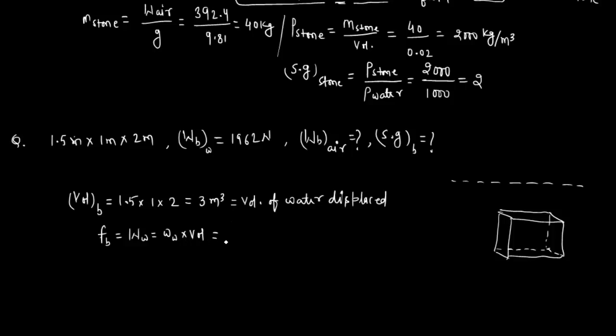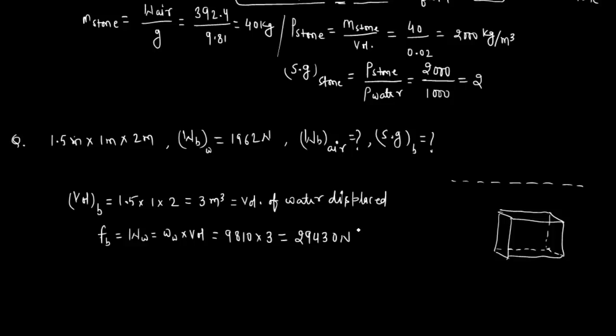We know the specific weight of water, this is 9810 into volume. Volume we also know, this is 3. So this value is 29430 Newton. Okay, this is the buoyant force that is acting on this body.